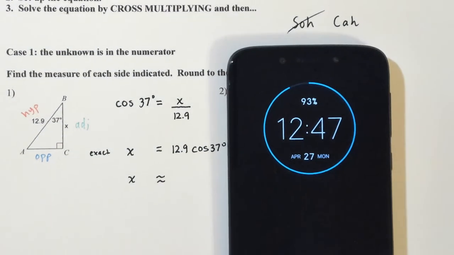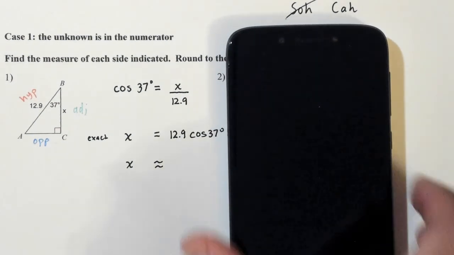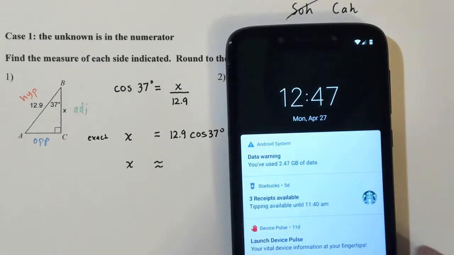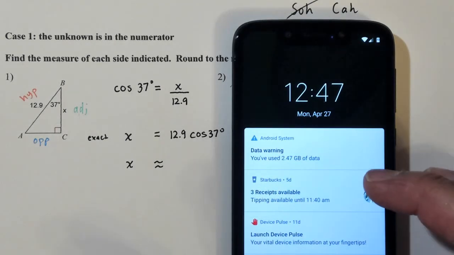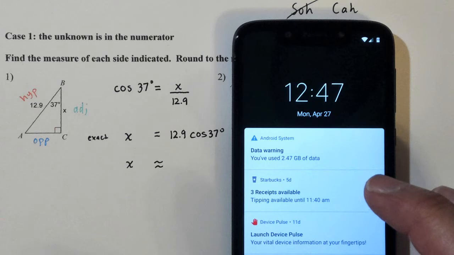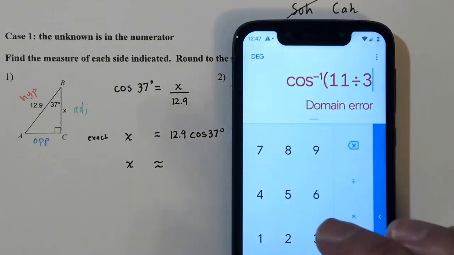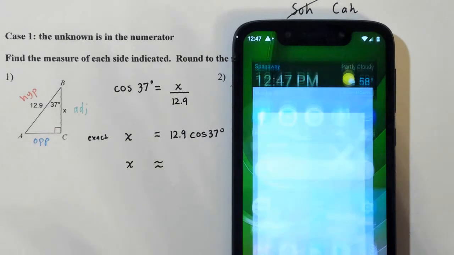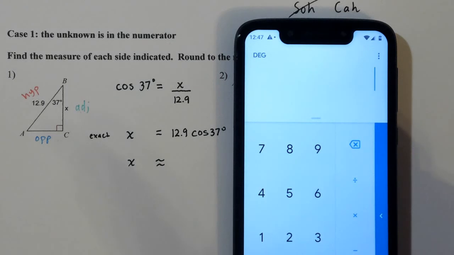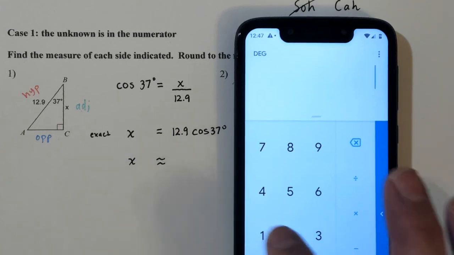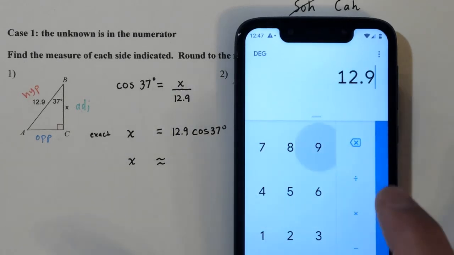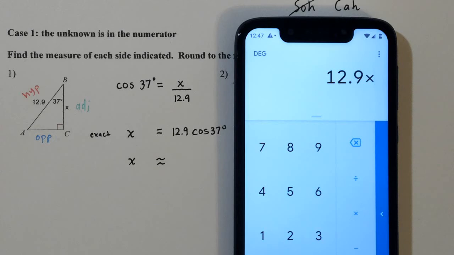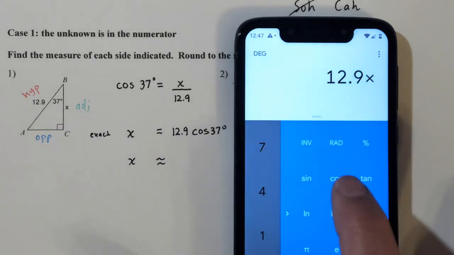Grab your calculator, aka your cell phone. Okay, so you've got 12.9 times cosine.